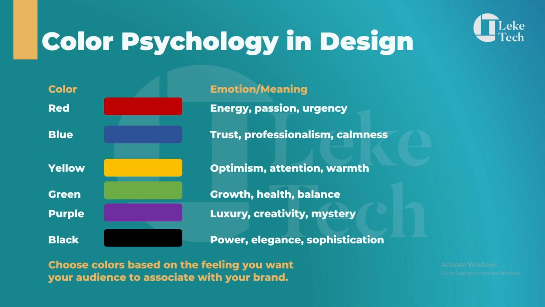See, Apple uses black, and Apple is an elegant, sophisticated brand. So choose colors based on the feeling you want your audience to associate with your brand. Color is not just something you choose at random when it comes to branding. It has to have a reason behind it, a significance. You have to know why you're going for that color.